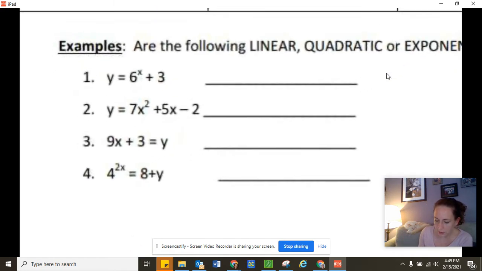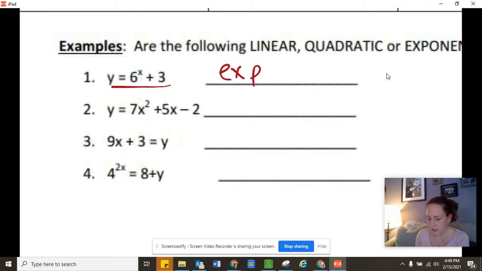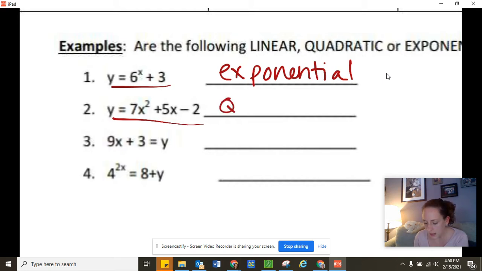So for example, here in number 1, you've got one where x is an exponent. So I can tell you right now, that is an exponential function. Here, I have two x's and one of them is squared. So since I have an x squared, that is a quadratic.